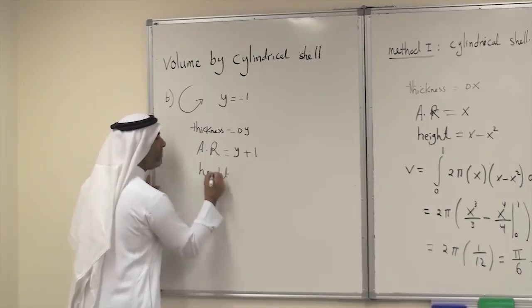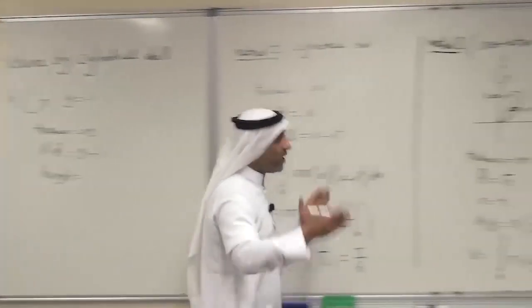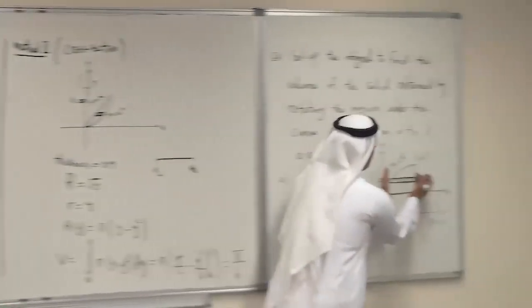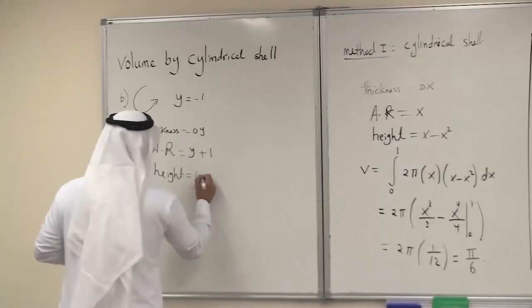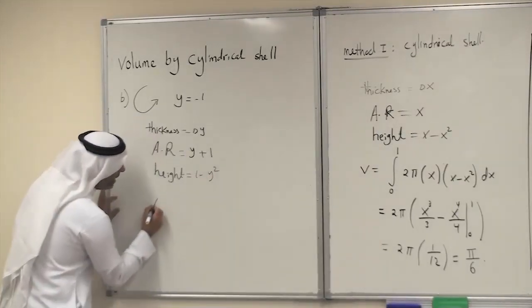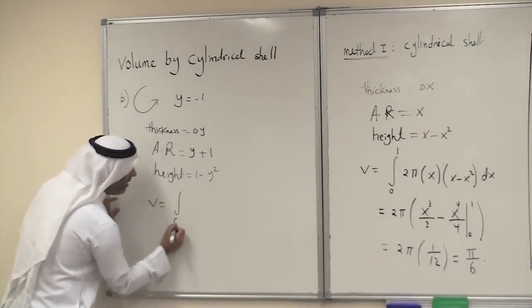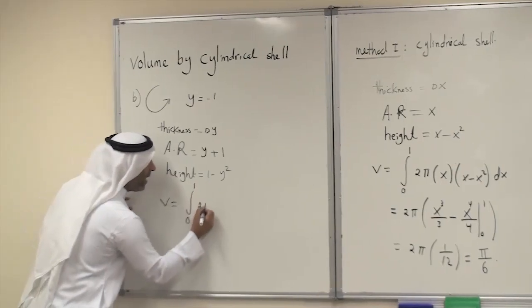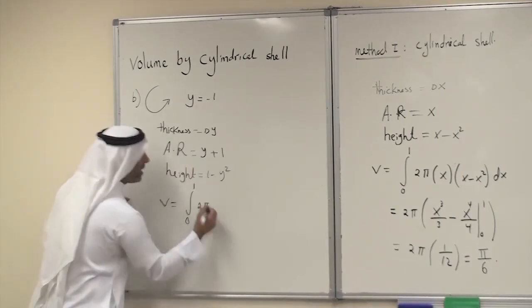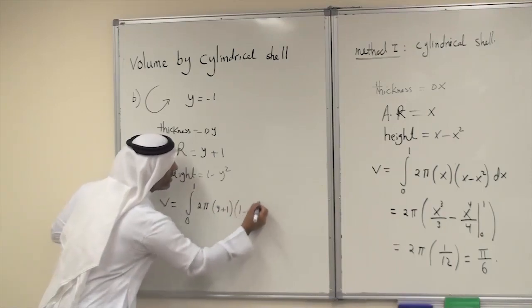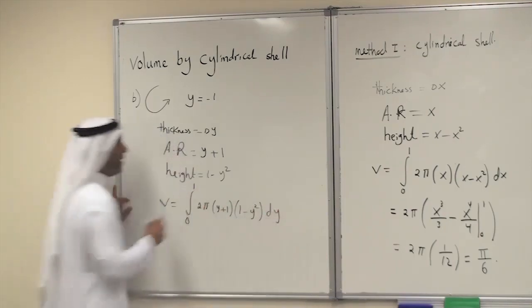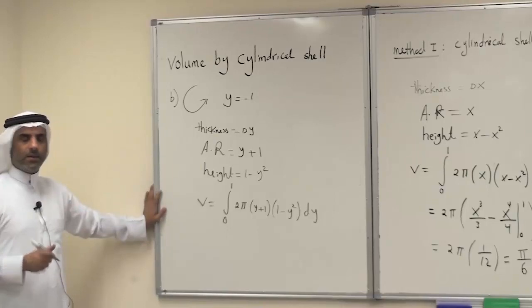The height will be the same, because you are talking about this specific length here, which is 1 minus y squared. So the volume will be obtained by integrating from 0 to 1, 2 pi times the average radius, that is y plus 1, times the height, which is 1 minus y squared, times dy. Fine.